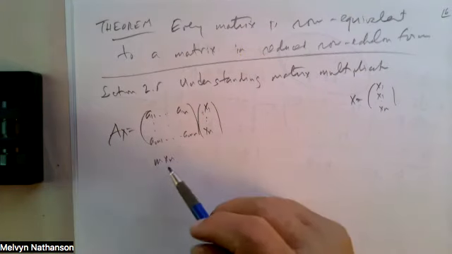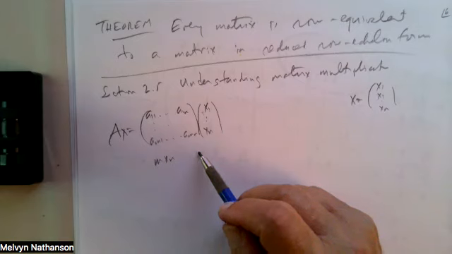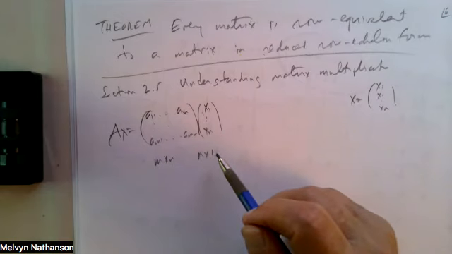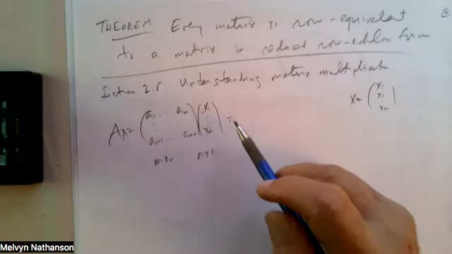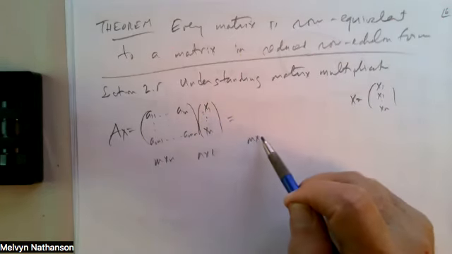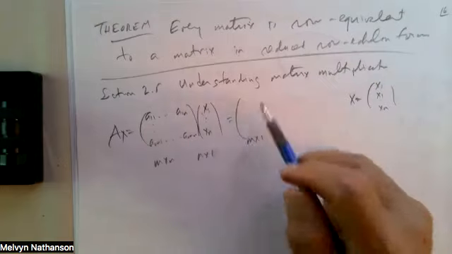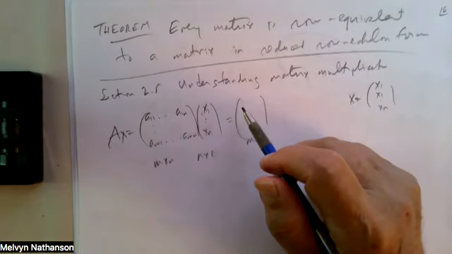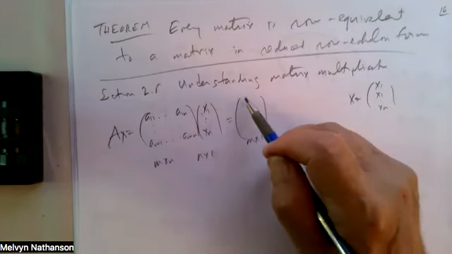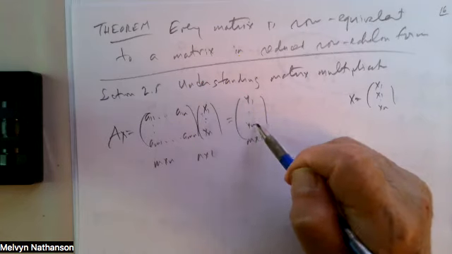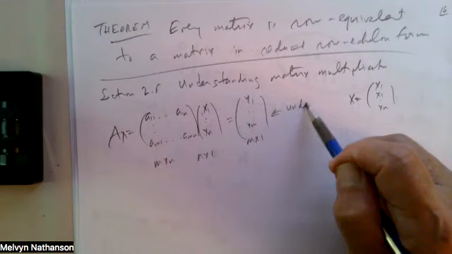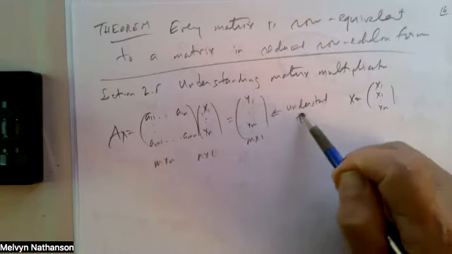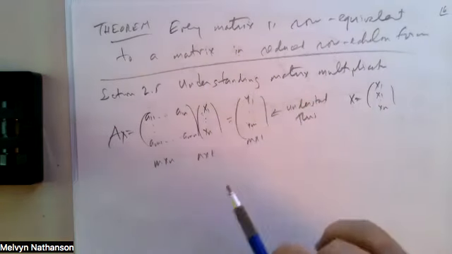And this is an m by n matrix times an n by 1 matrix. That's just a column vector. So the result is going to be a column vector, which is m by 1. Let me just call it y1 up to ym. And the question is to understand this. What is this column vector that you get?